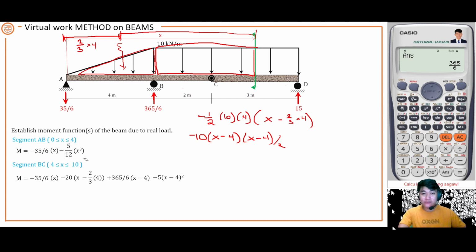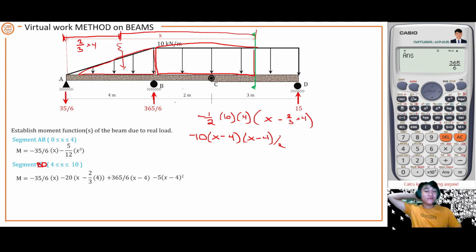This is your moment function for B to D. It should be B to D, not B to C. Take note of that. So we're done with the moment functions.